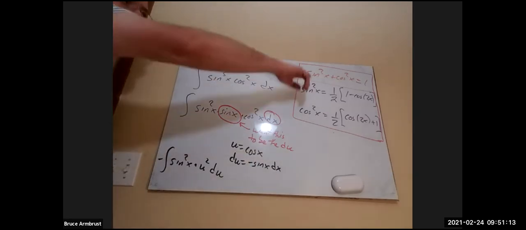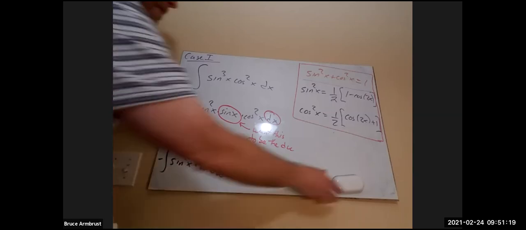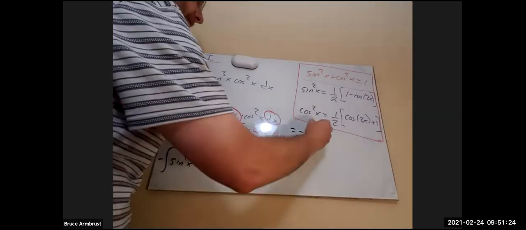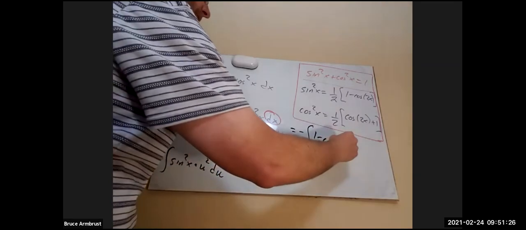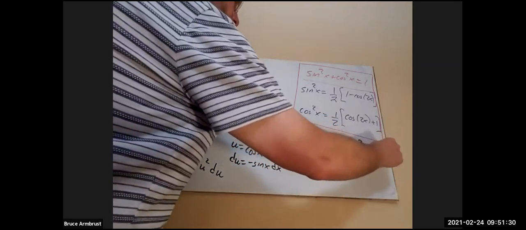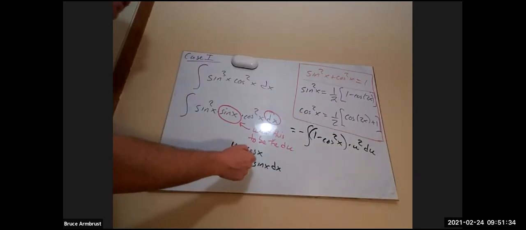Just think about that Pythagorean identity, the first one that I put up there. Sine squared plus cosine squared equals 1. Sine squared is actually equal to 1 minus cosine squared. And I know what cosine is. Cosine is equal to u.